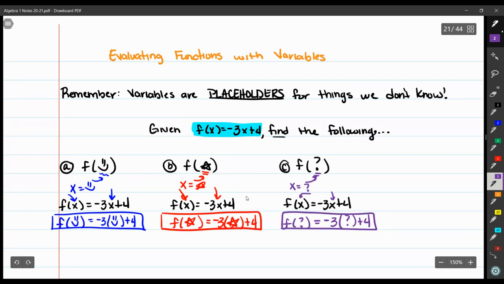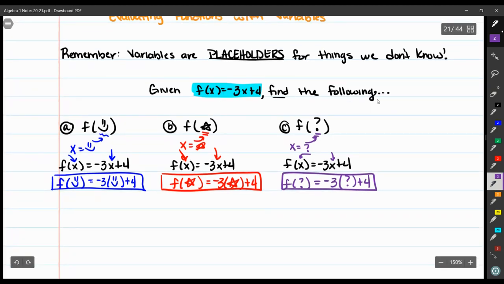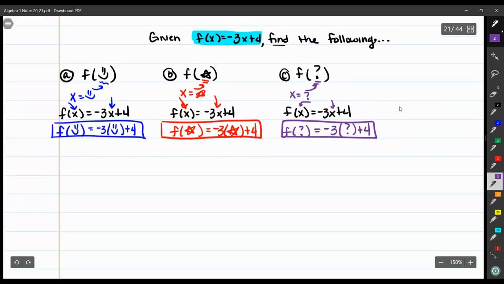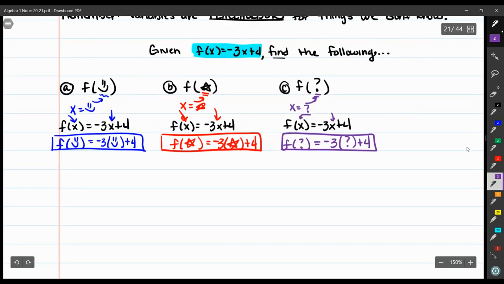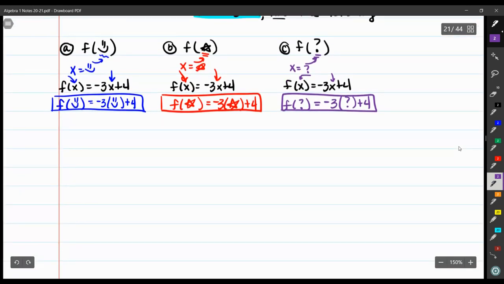Now, we're going to use this same idea with actual variables. So remember, negative 3x plus 4 is our equation we're using the entire time. So let's try some actual variables. Let's try letter D. Now we're going to find f of b. Just like the other ones, b is on the inside, which means x is equal to b.